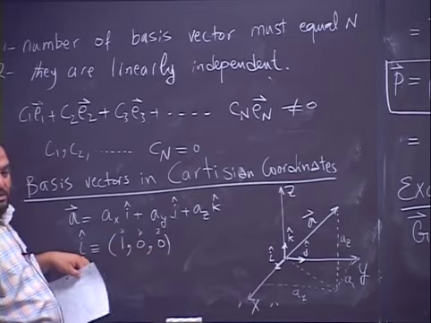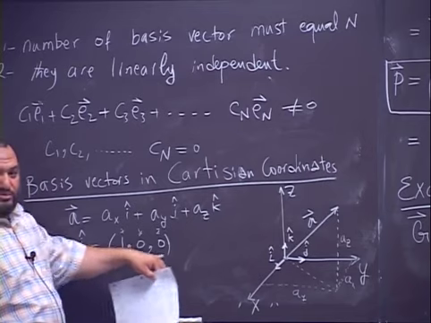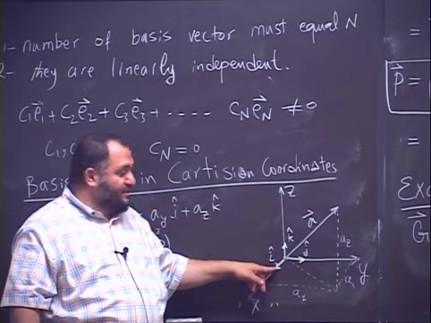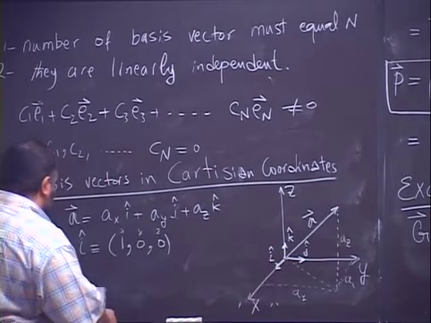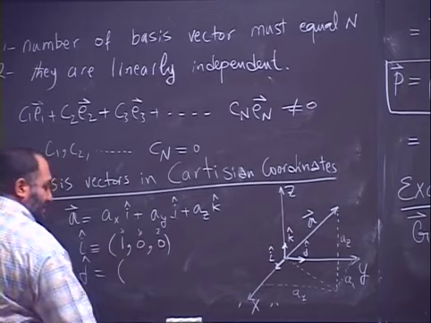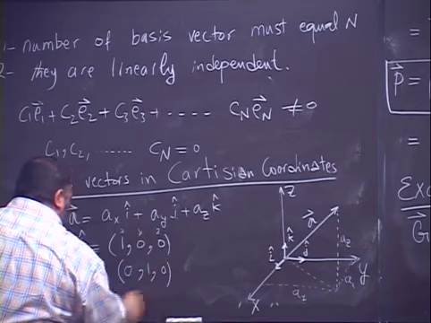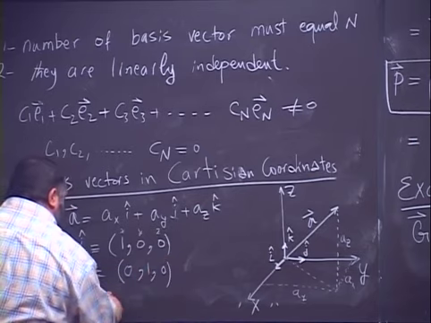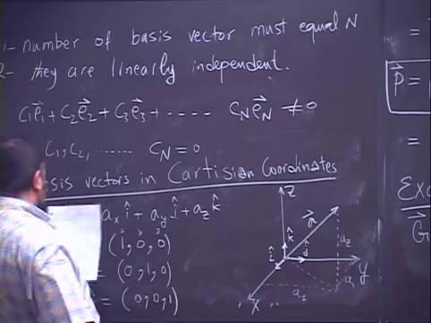So the unit vector I is just (1, 0, 0). It has a unit value in the direction of x, but it does not have any components in y and z. So what about vector J? It will be (0, 1, 0). And what about vector K? It will be (0, 0, 1).